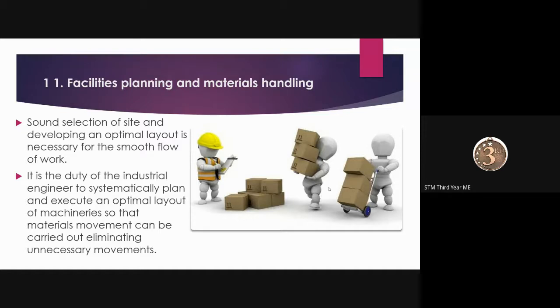You know about forklift trucks, cranes, conveyors. These are all facilities. Even small facilities, like air conditioning, fans, lights, switches, canteen facility, lavatory, etc. These are all coming under facilities, and we have to plan them ahead.